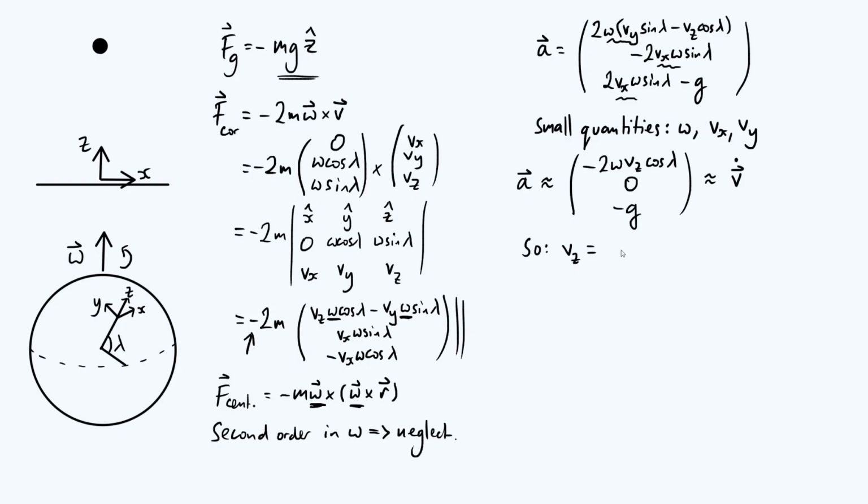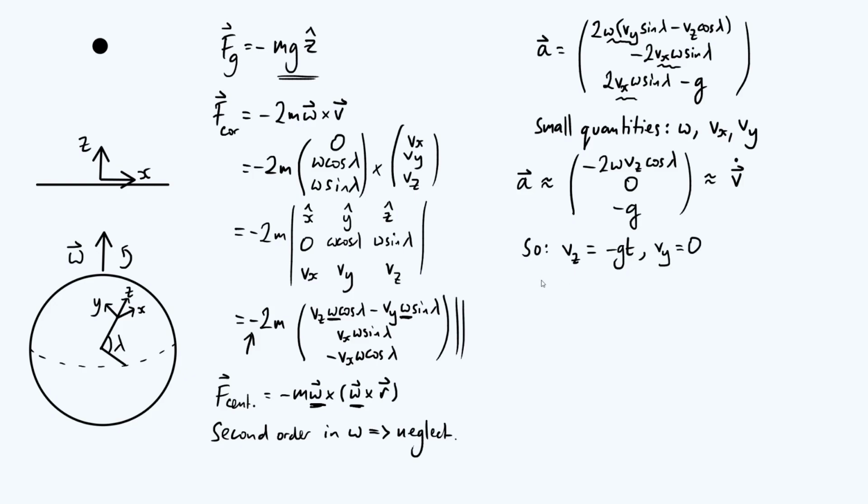That z component of the velocity will just be minus gt, and there is no constant of integration, assuming that we drop it from rest, right? Because when t is 0, Vz should also be 0. And of course, Vy will also be 0, again because 0 would just integrate to a constant term, but we've released it from rest, so the constant is itself 0.